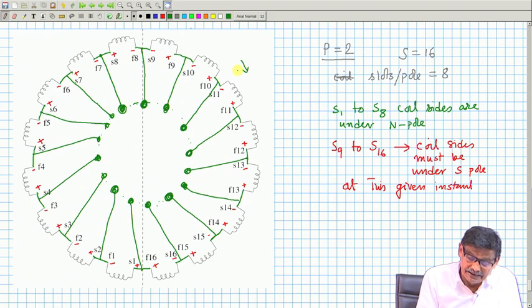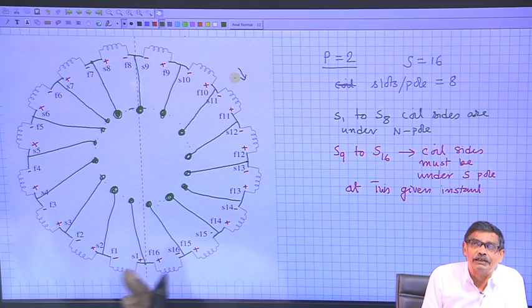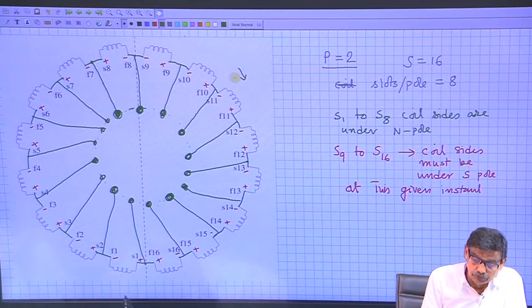After taking a snapshot, with time, this distribution of plus minus will remain intact. Whoever comes in position of S 1 F 1, after some time S 16 F 16 will come here and S 1 F 1 will advance to that side, but it is destined to have this polarity plus minus. That is the crucial point.